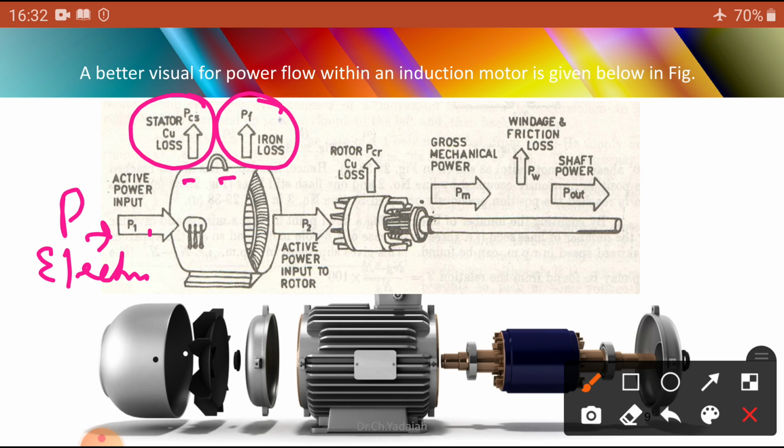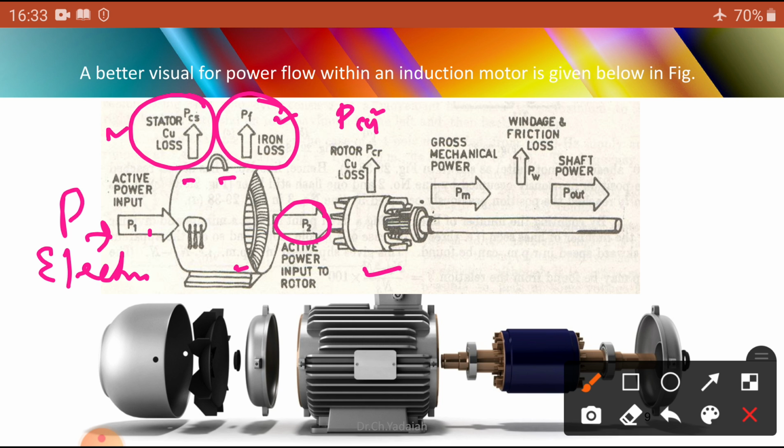After that we go to P2, the active power input to the rotor and output of the stator. P2 is the sum of the copper losses of the rotor. Here are copper losses in the stator and copper losses in the rotor also. There are iron losses in the stator, and also in the rotor, but we are neglecting those.